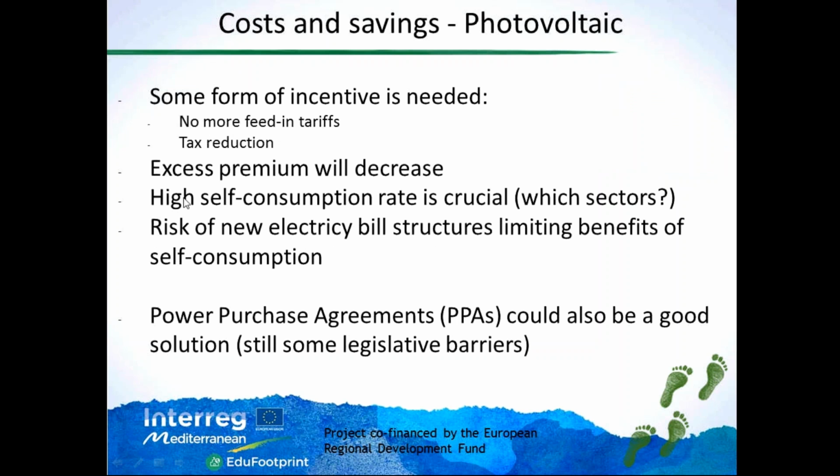So it's very important to achieve a high self-consumption rate, also taking into account that future electricity bill structures will shift some of these variable costs toward the fixed cost in the bill, thus limiting the benefits of self-consumption.